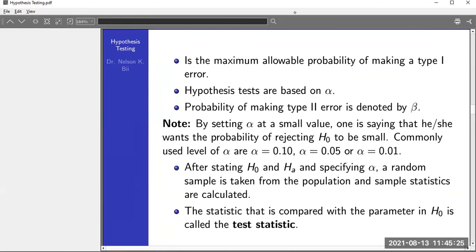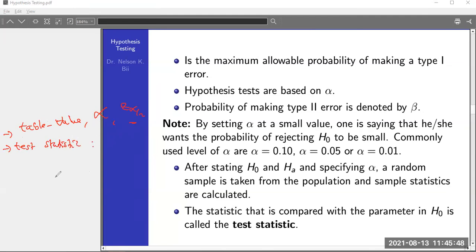When we are carrying out hypothesis testing, there is what we call the table value. At a given level of significance alpha, you can get the corresponding value, that's Z alpha by 2. Then there is the value of the test statistic.